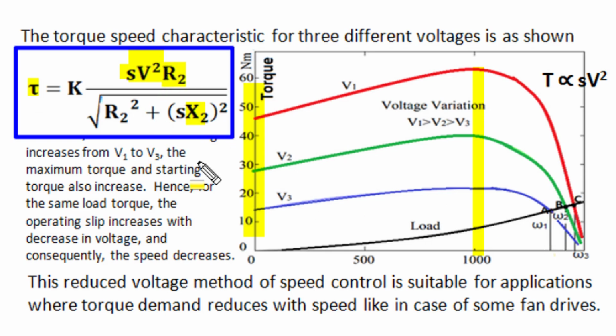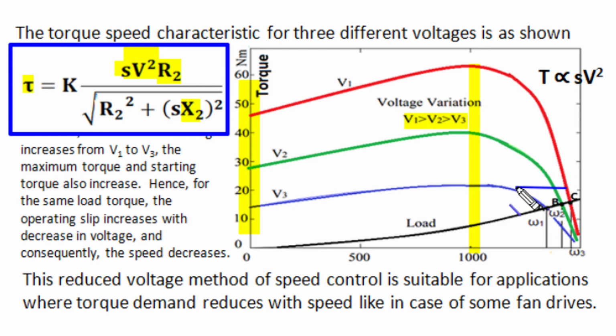So we can say that for a particular value of slip, torque is proportional to applied voltage square, and when you reduce voltage from V1 to V2 or further reduce to V3, the torque at any speed or any slip will proportionally reduce as the square of voltage, as shown by these three red, green and blue characteristics of three different voltages. V1 is greatest, having the red characteristic, V2 is mid voltage having the green characteristic, and V3 is lowest voltage having the blue characteristic. So for the same amount of torque, when applied voltage is reduced, operating slip increases and motor rotation speed decreases.